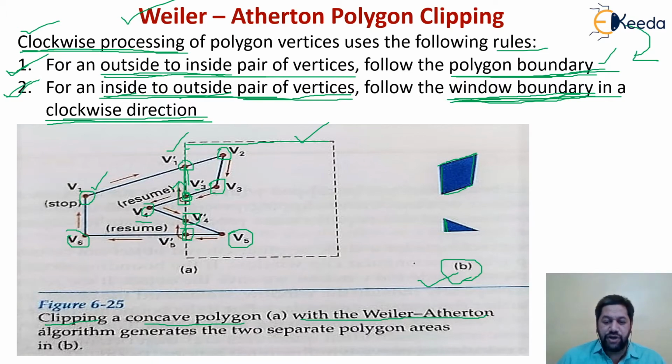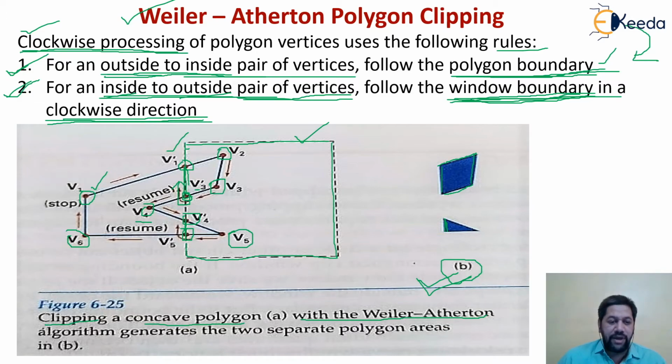We have achieved the correct answer with the help of these two rules and the clockwise processing of the polygon. Here is the only difference we have to follow. If I'm having outside to inside, then I have to follow the window, the boundaries of my polygon clipping window, that is this arrow and this arrow.